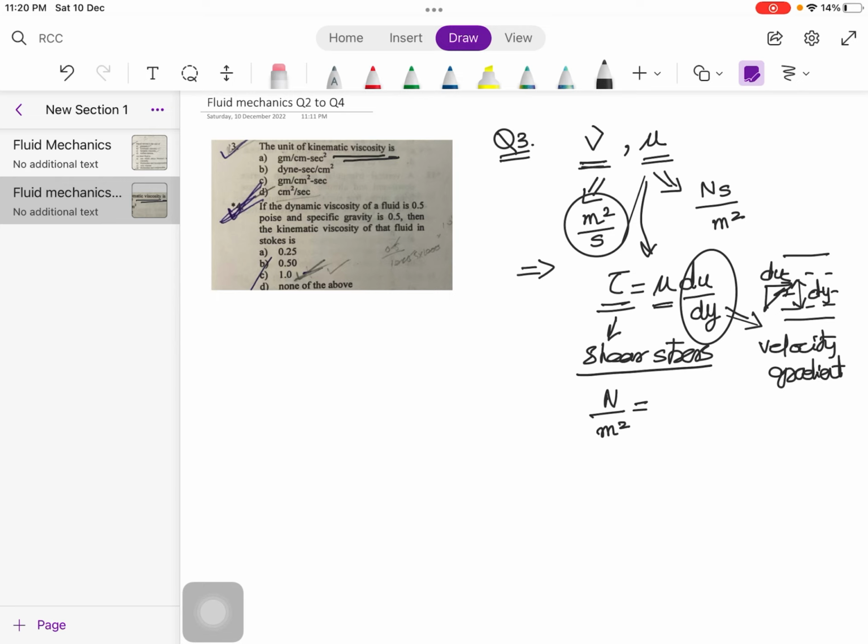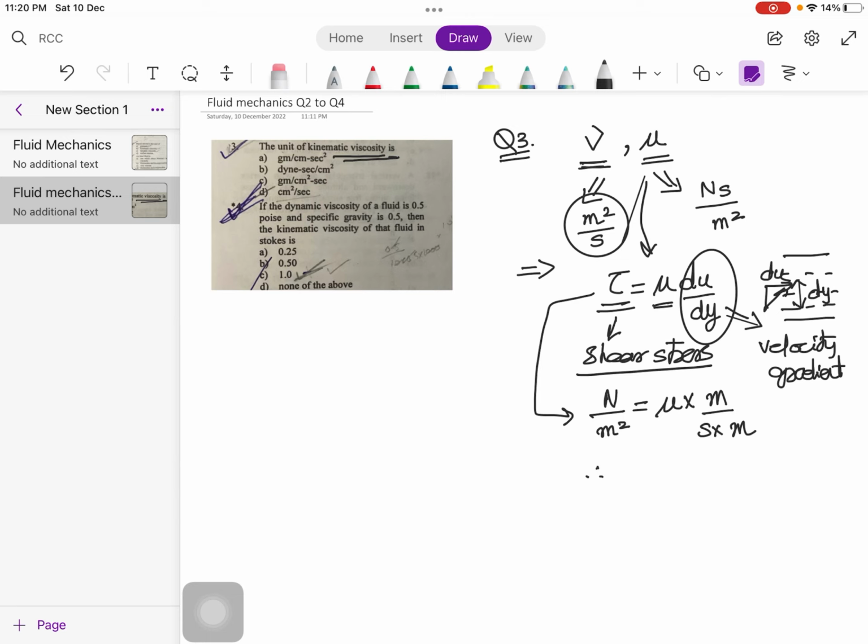That equals mu times du upon dy, where du is velocity, that is meter per second, and dy is the distance between two layers in a fluid, hence meters for distance.